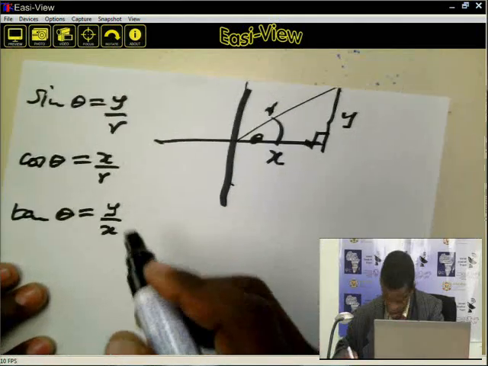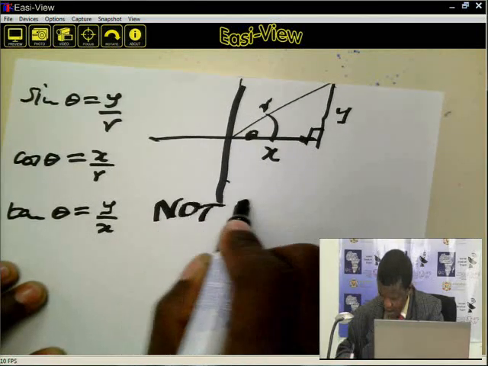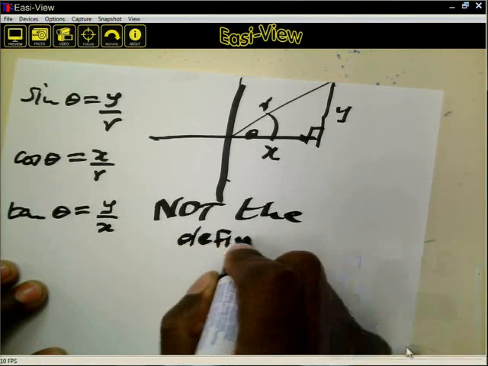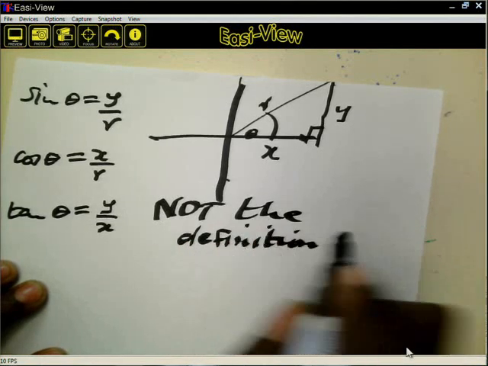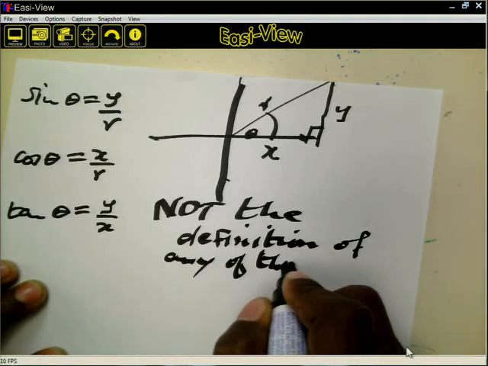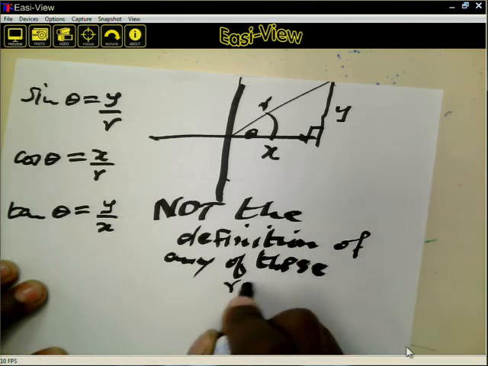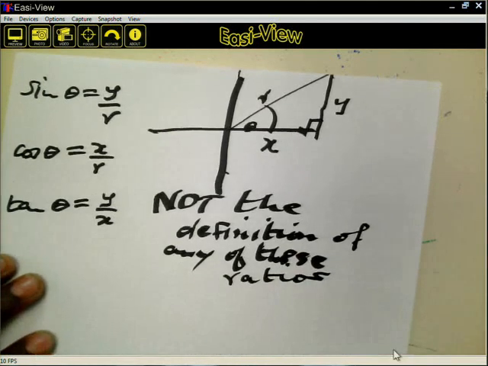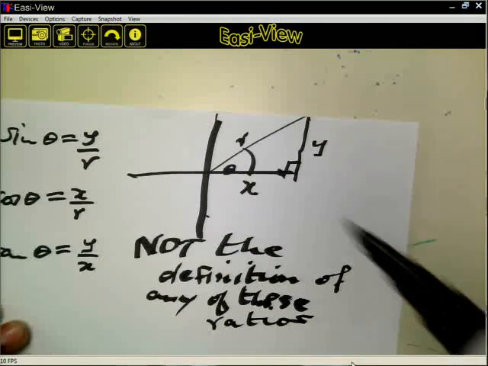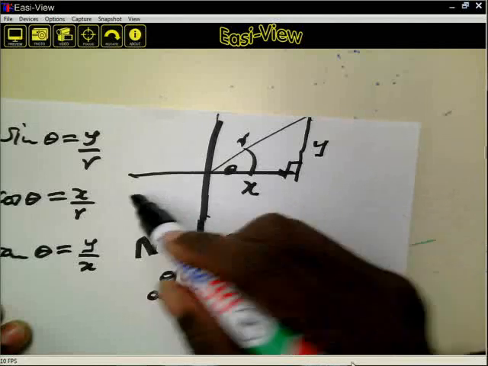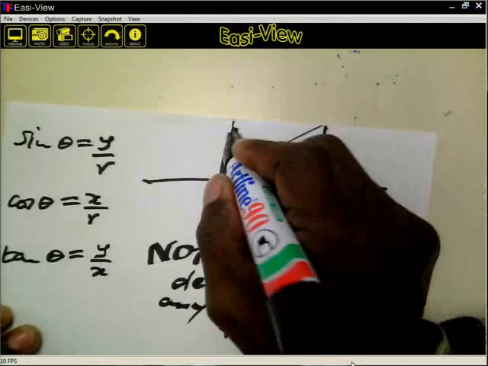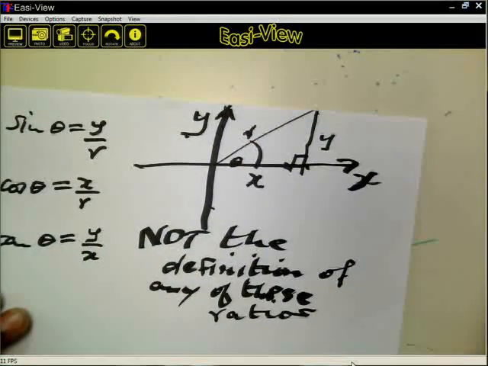But this, people, is not the definition of any of these ratios. A simple illustration would suffice. I indicated last week that this is the Cartesian coordinate axis, the x-axis, and this is the y-axis.